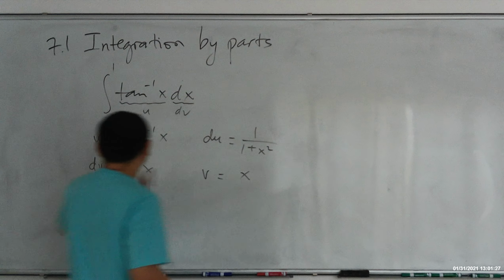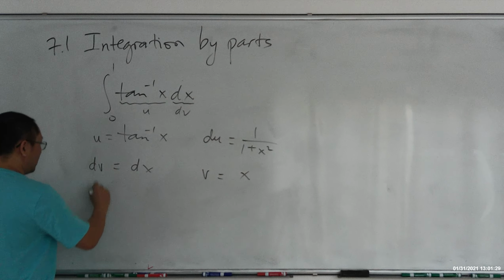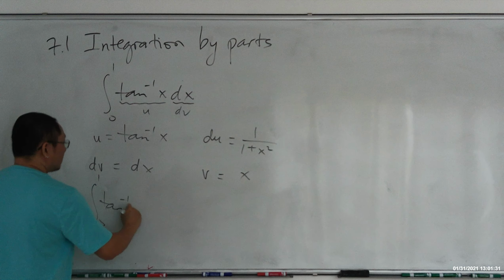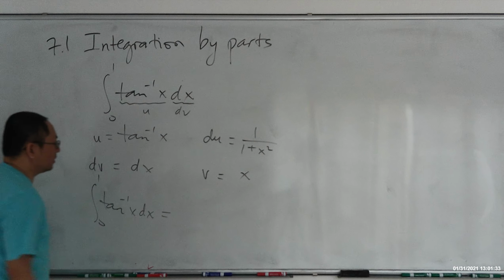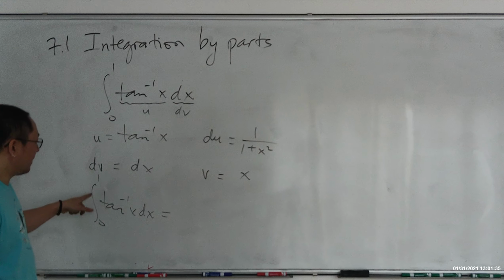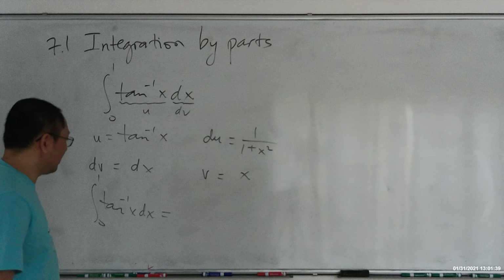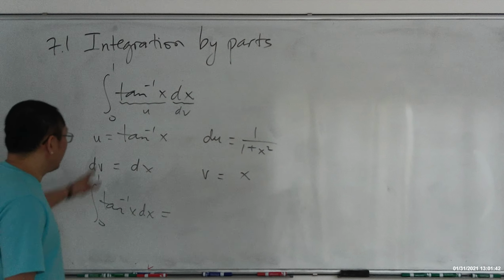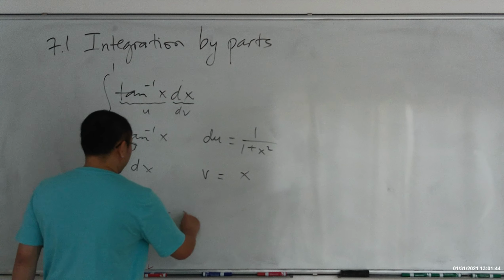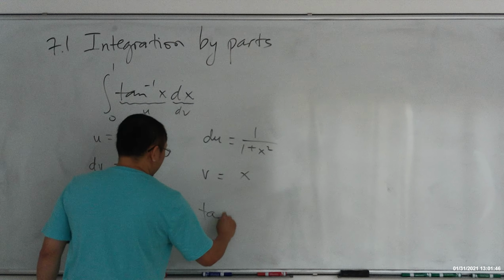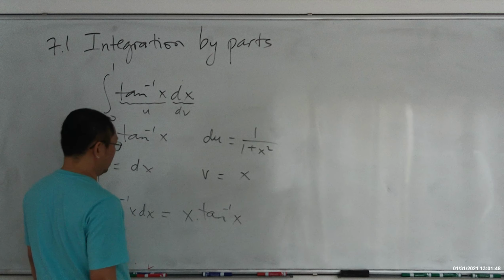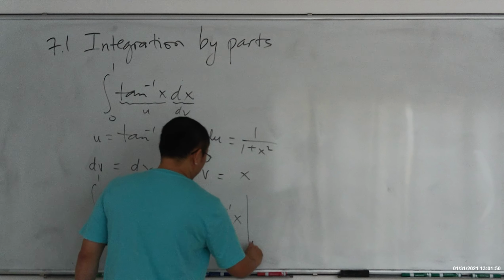So my integral from 0 to 1 of tangent inverse of x dx is equal to, well, you can kind of forget the boundary for now. You just do the integral, and then at the end you plug in the boundary and do a subtraction, right? So what? u times v, so x times tangent inverse of x, of course this one runs from 0 to 1.